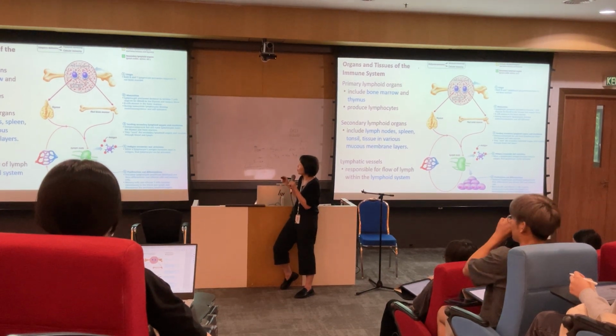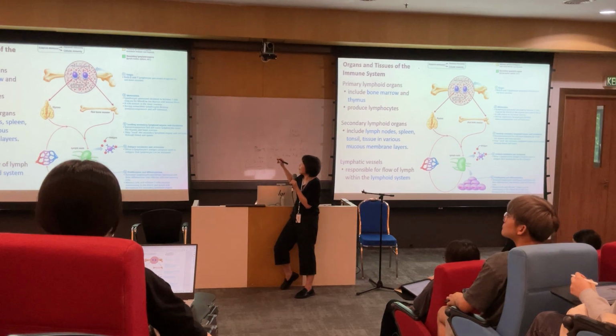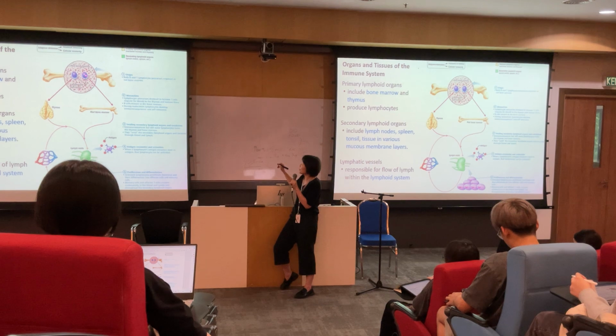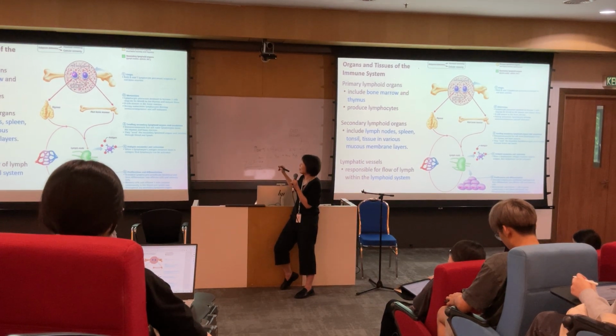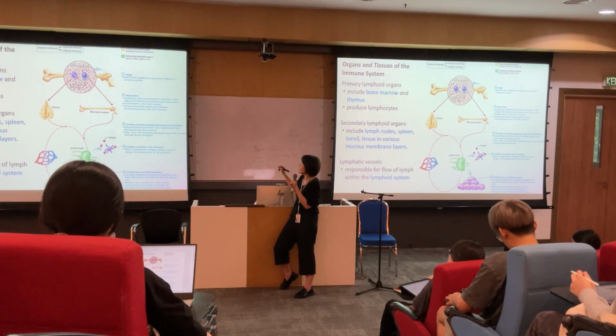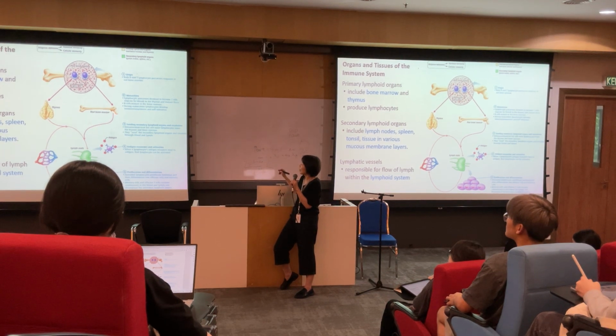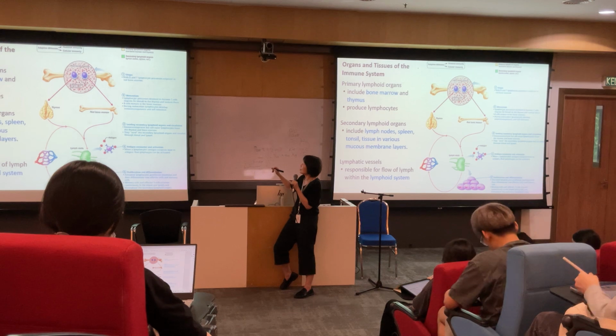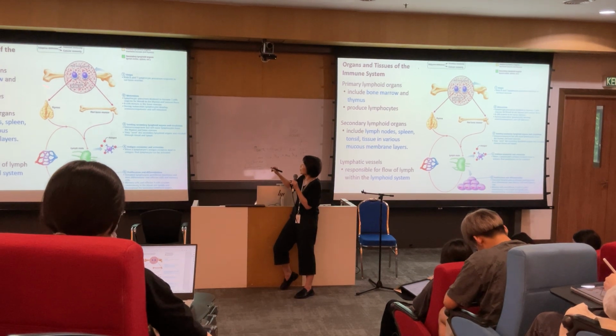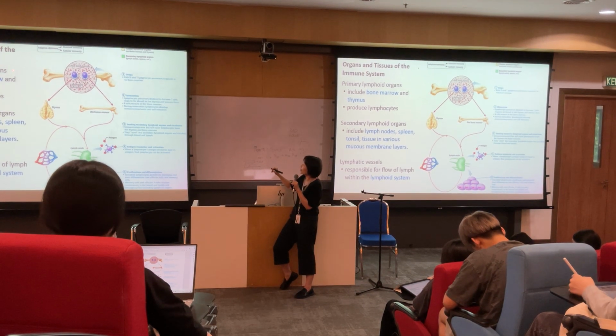So it's called pluripotence. Once they proliferate, the precursor cells develop into T or B cells. Then the T cells will move to the thymus, B cells will remain in the bone marrow, and these two are called the primary lymphoid organs.